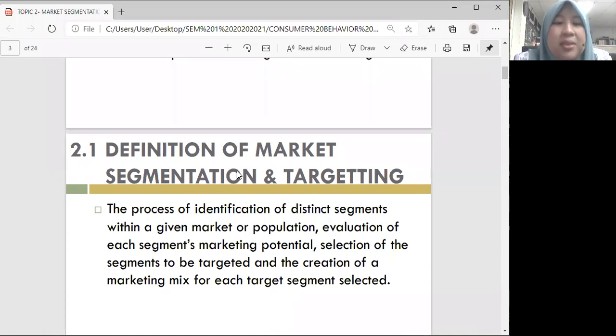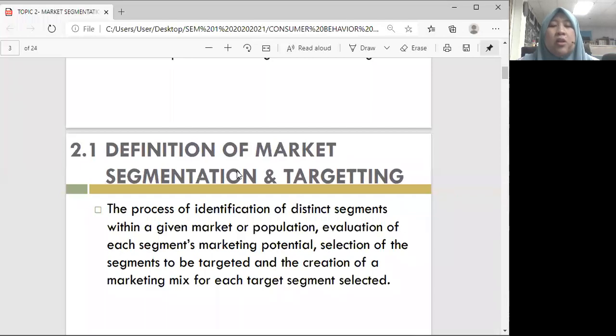each target segment selected. When we talk about the process of identification of distinct segments within a given market or population, it means you have different segments. Segmentation means you differentiate, you divide and place one part of the population into certain groups. They put them into subgroups.